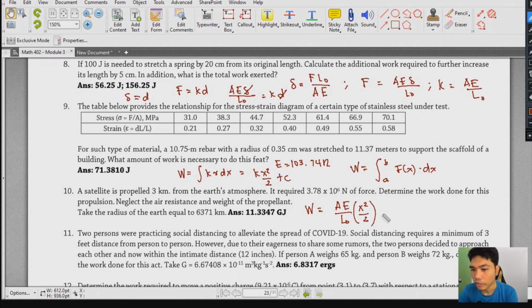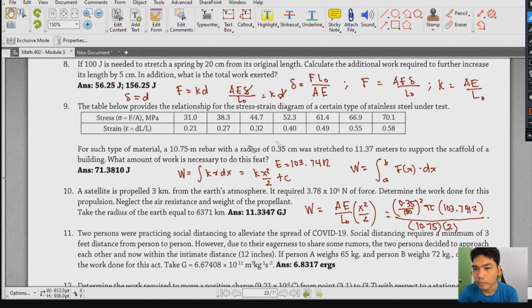So from this, the work would be the area, that's 0.35 over 100 squared, because this is in cm and we have to convert it to meters, so that's 100, and you square that because that's pi r squared. So you incorporate pi, and then what is our E? The Young's modulus is 103.7412. Then you divide this by the original length, that's 10.75, and divide this by 2, and multiply this by x squared, which is the displacement observed here.